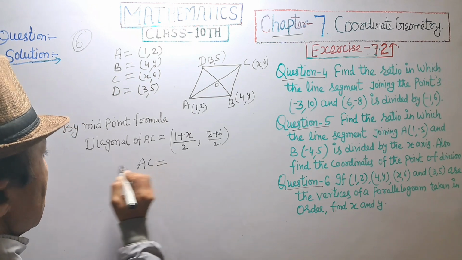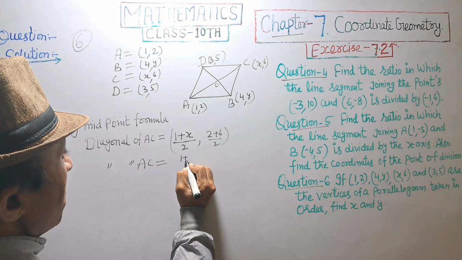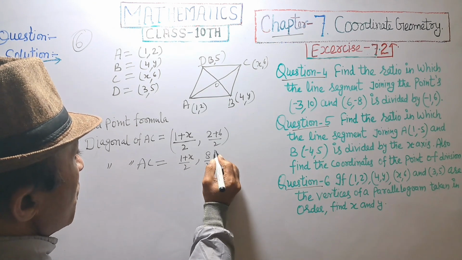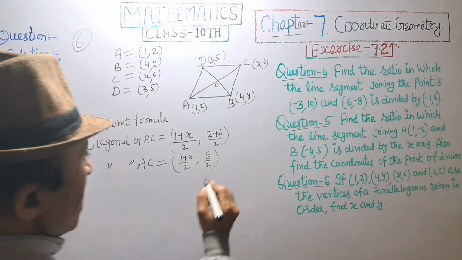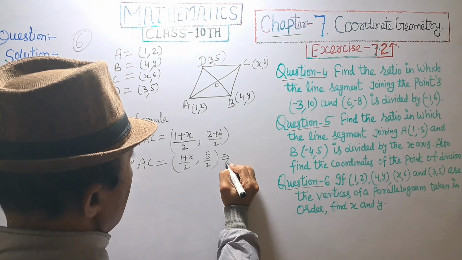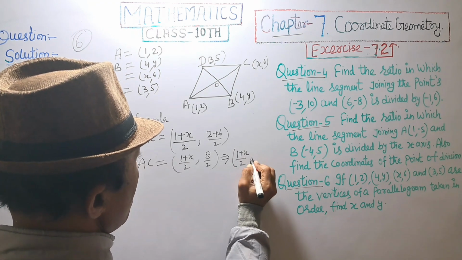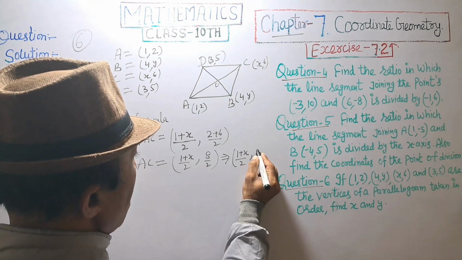So the midpoint of diagonal AC is equal to (1 plus x upon 2, 8 upon 2), that is (1 plus x upon 2, 4).